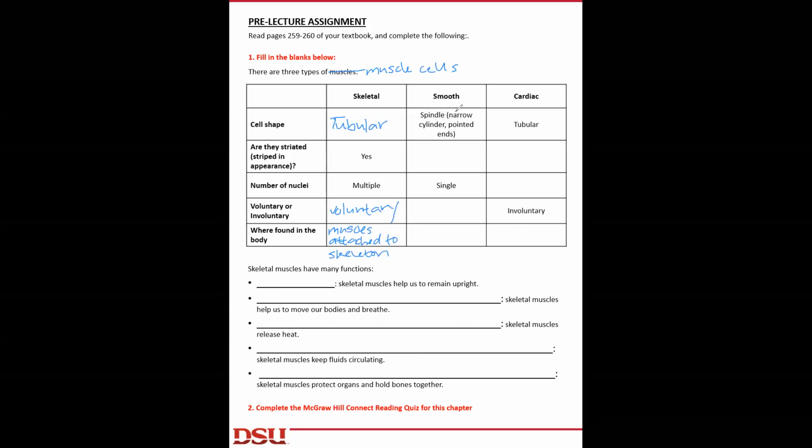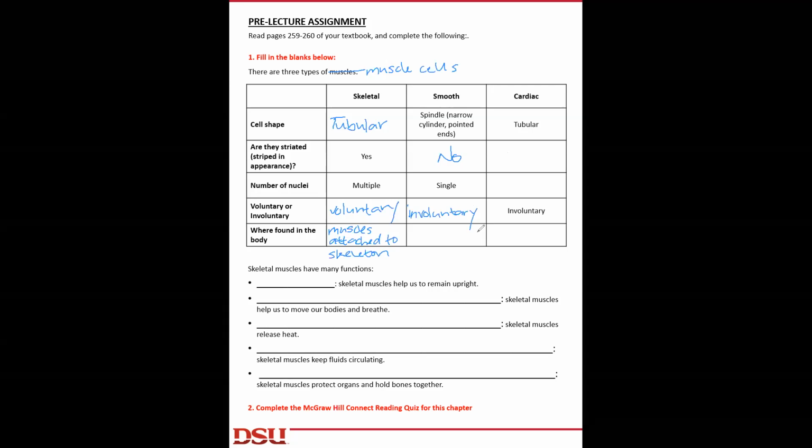Then we have smooth muscle. Smooth muscle cells are spindle shaped. Like it says, it has a narrow cylinder and the ends are kind of pointed. Are they striated? No, they are not. It looks smooth compared to the skeletal and the cardiac muscle because both of those have striations, whereas smooth muscle does not. Smooth muscle has only one nucleus per cell, and it is involuntary, meaning we don't consciously have to tell our smooth muscles to do anything.